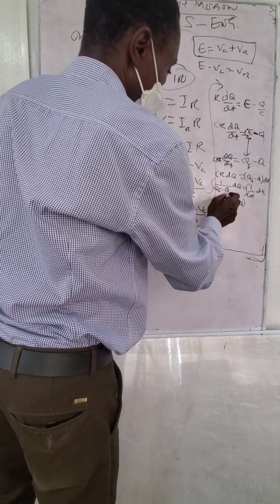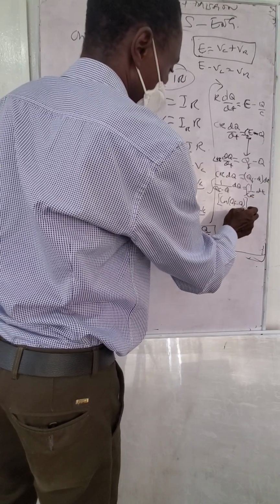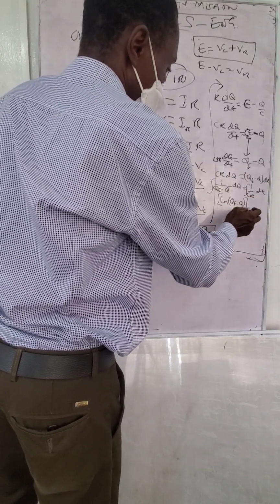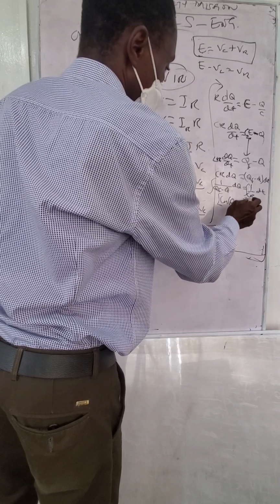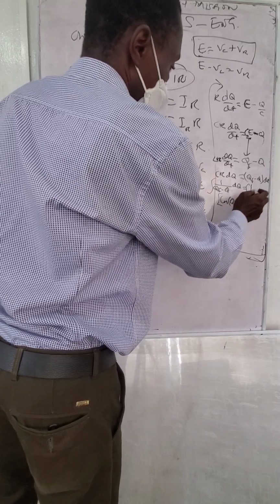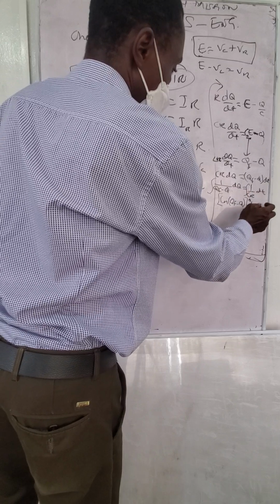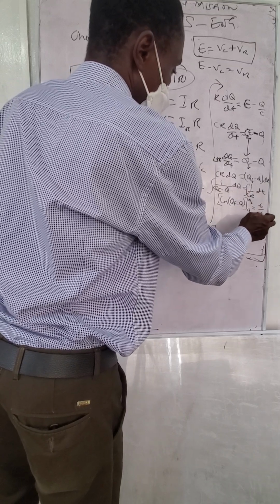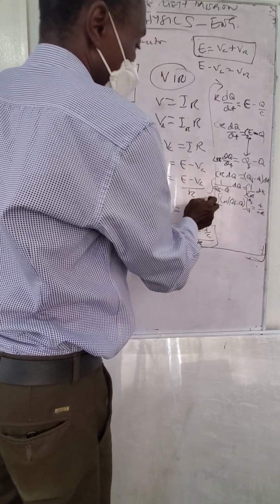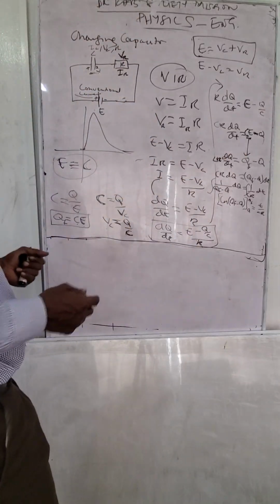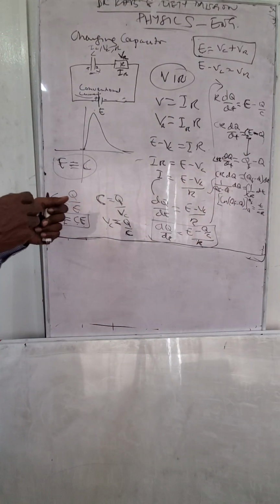But of course we have to have this one between some limits, Q to Q final, and if you integrate this one, it's going to give us t over CR. But remember, like the first one, we made it negative, but this is charging up, so that is where we have this point now.